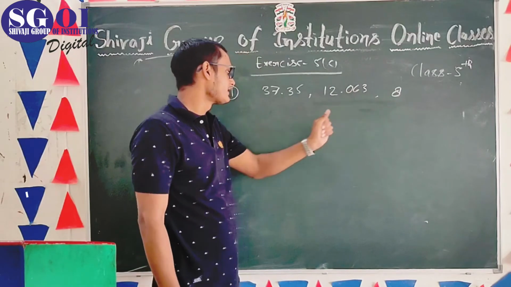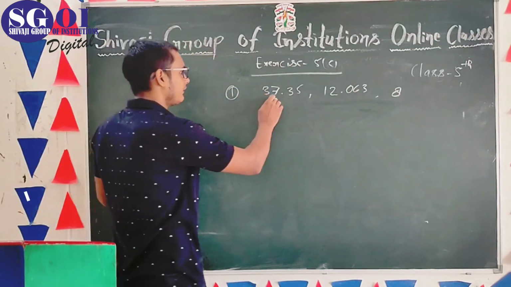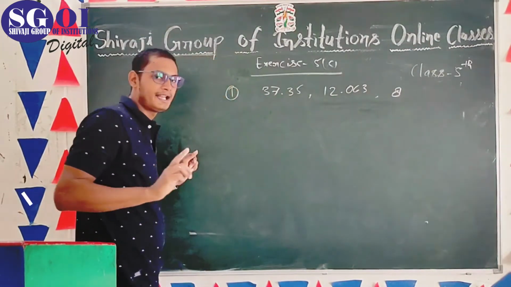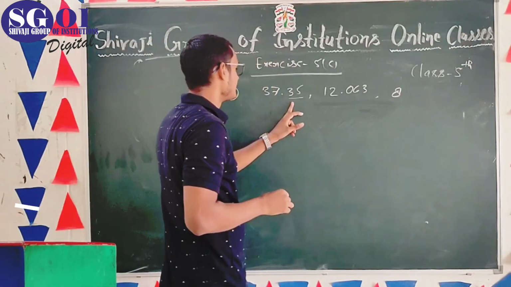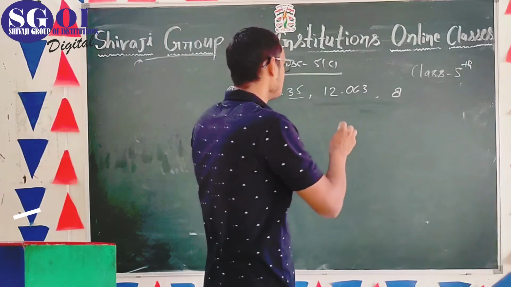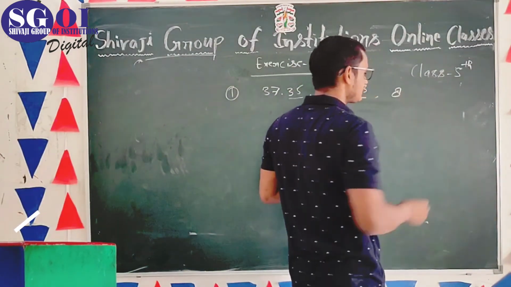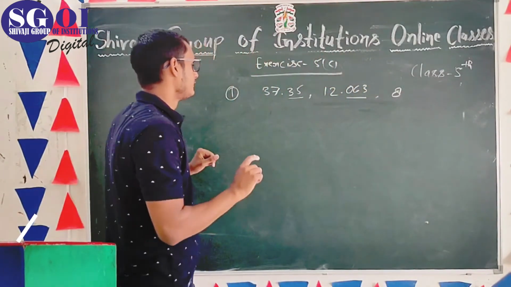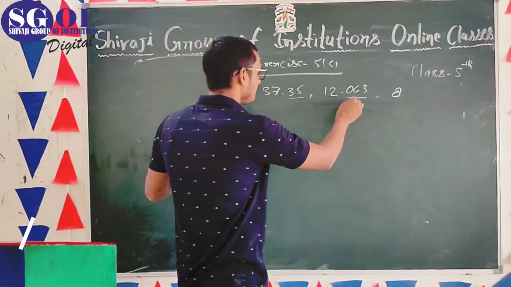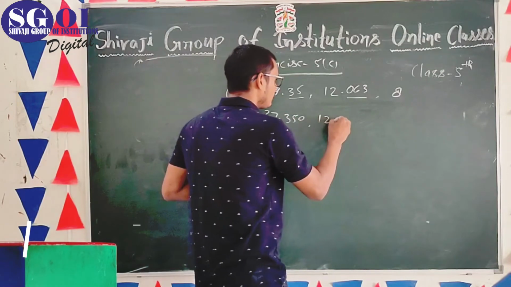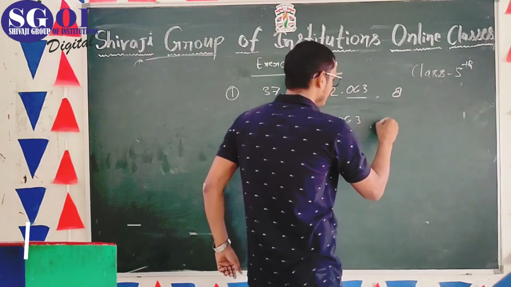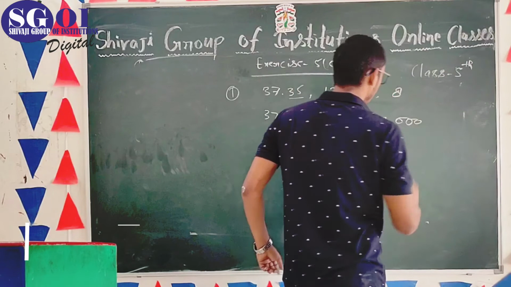If we add the decimals, first we convert all the unlike decimals into like decimals. Number of decimal places 2, number of decimal places 3, number of decimal places 0. So first we make the number of decimal places the same: 37.350, 12.063, 8.000.